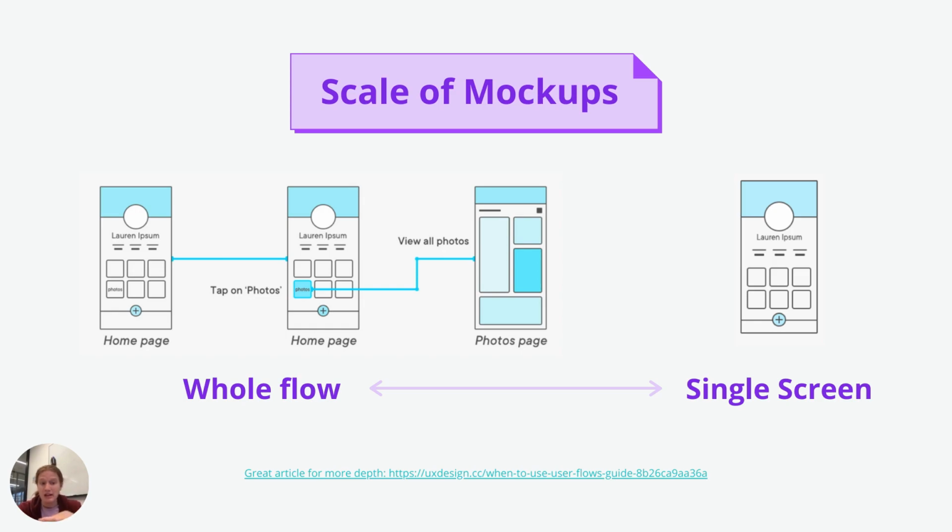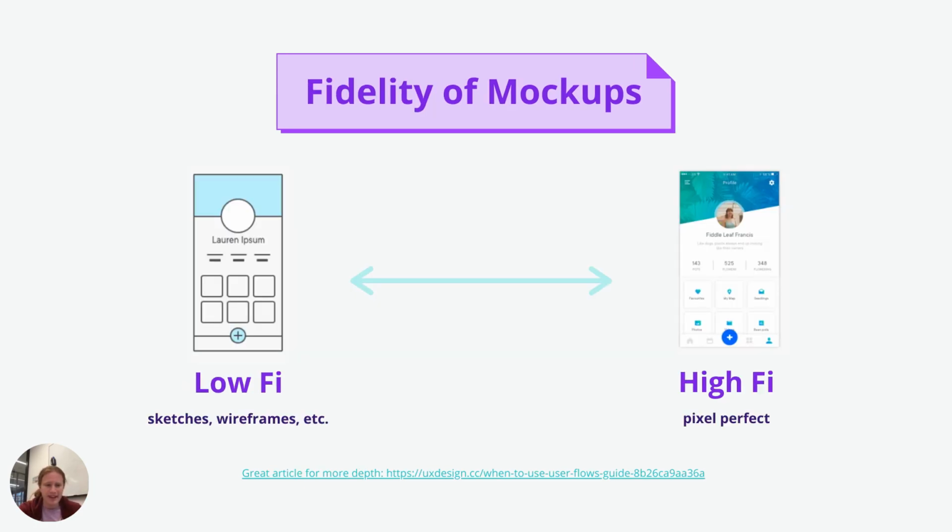But then, there are two axes in these mockups. We have scale on one side, which is how much stuff is covered by the mockup, whether it's a whole flow or just a single screen or component. Then we have the fidelity of the mockup on the other axis. So we have lo-fi mockups like sketches and wireframes.